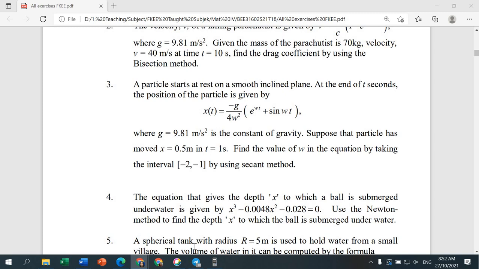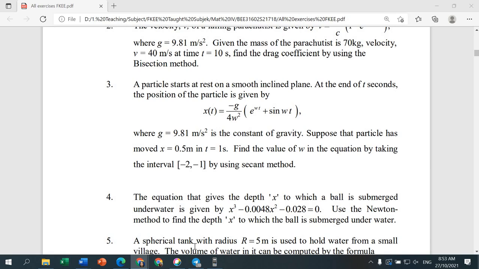Okay. And W squared. Why do you want the W squared there? Bigger a bit. Okay. You make it W squared.